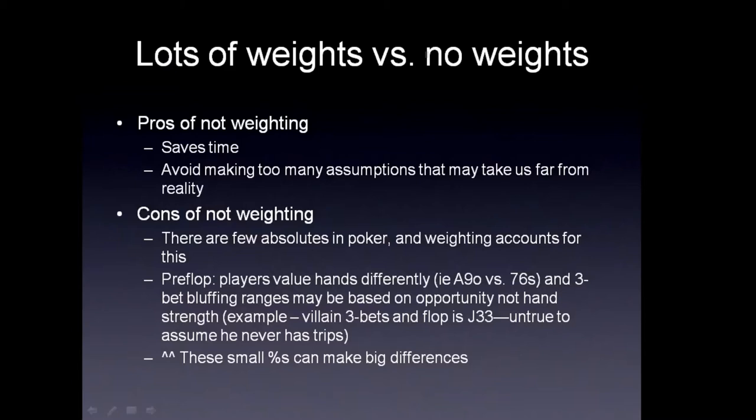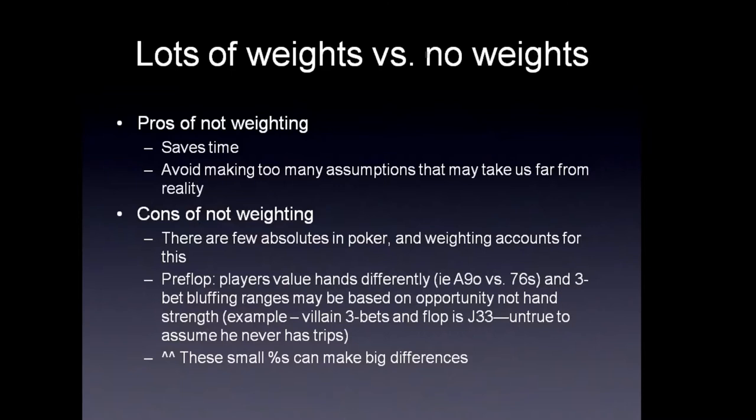Pre-flop, and this is kind of a big one, and this is often when weights are the most useful and sort of the most tedious as well, is when you're looking at a pre-flop 3-betting range. I mean, who says your opponent is more likely to 3-bet as a bluff with Jack Deuce suited, or 5 Deuce suited, or 7-4 suited? All those will probably be roughly the same. So when the flop comes Jack 3-3, we can't just say he never has a 3, because there's a chance that he bluffed with 7-3 suited or 9-3 offsuit.